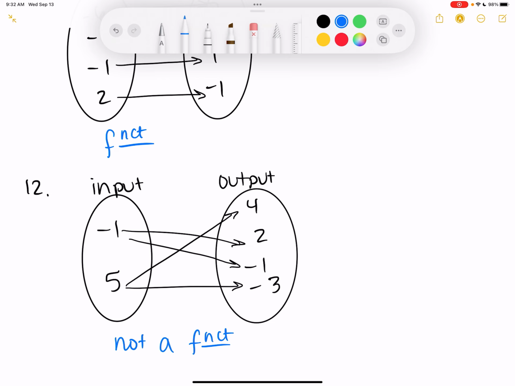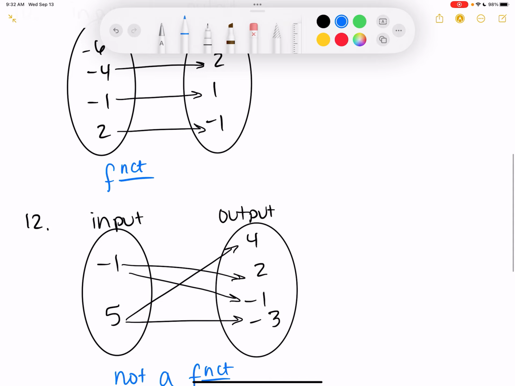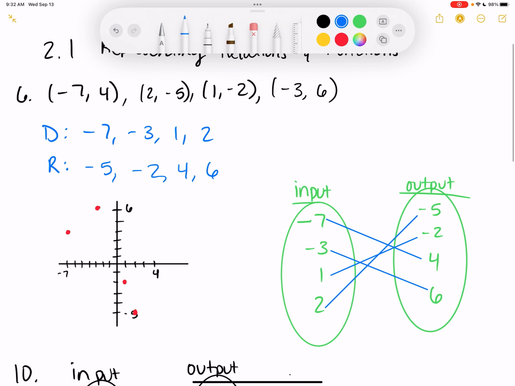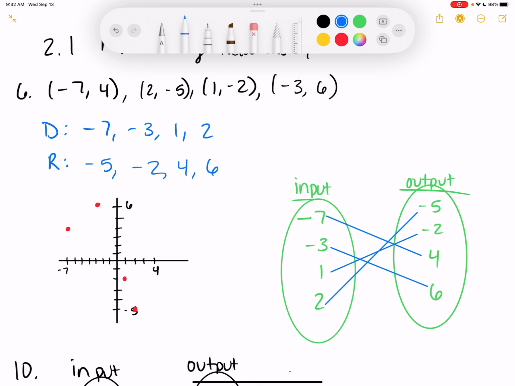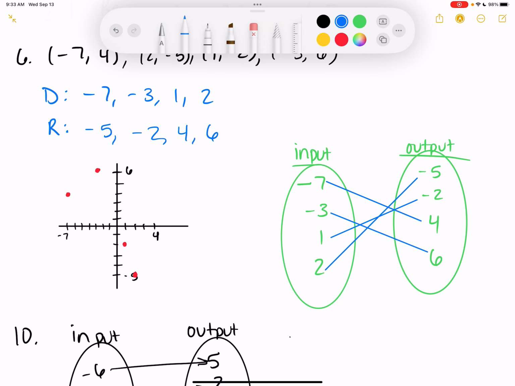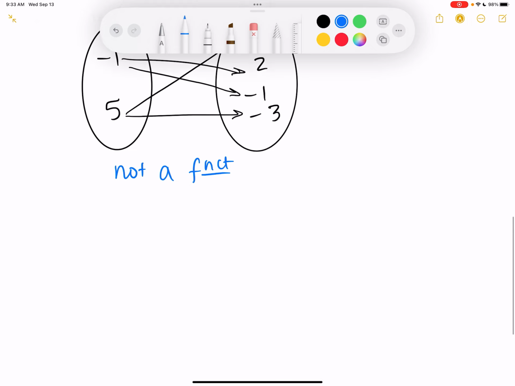16 through 19 is basically a combination of this and number 6. So they give you a bunch of ordered pairs, and then they just want you to tell if it's a function or not. And so you can use any method. You only have to show one of them to do it.